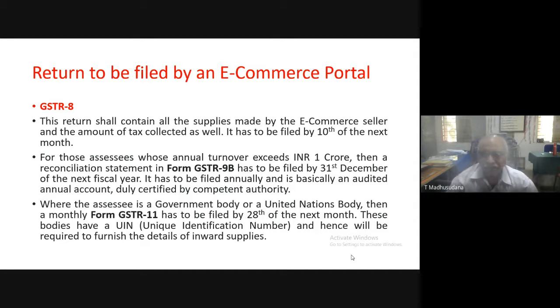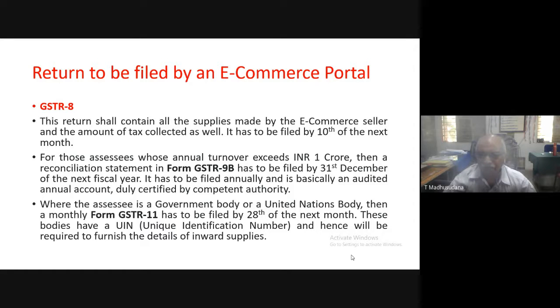So in case of a government body or United Nations body, they have to file monthly Form GSTR 11, to be submitted by 28th of the next month.